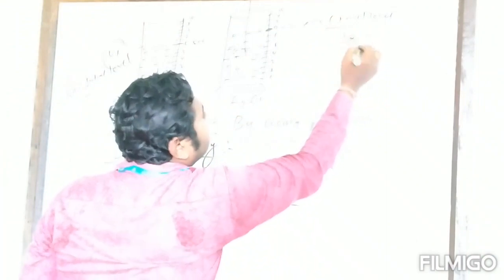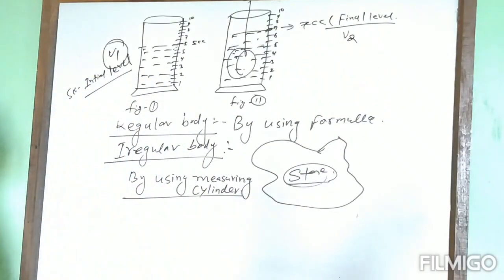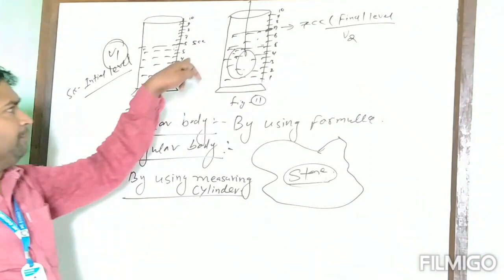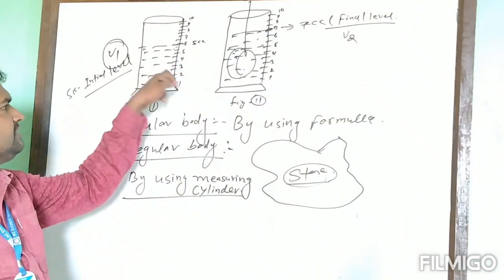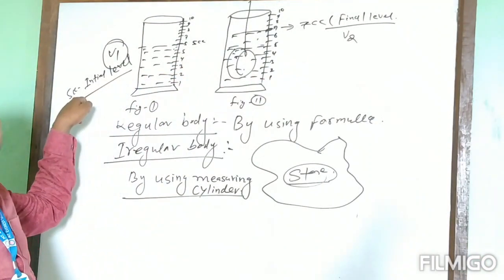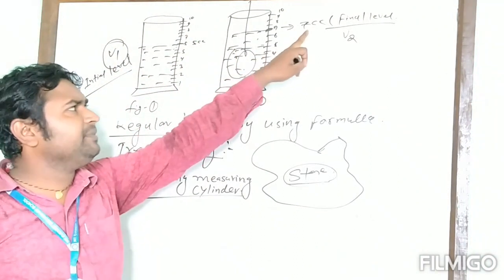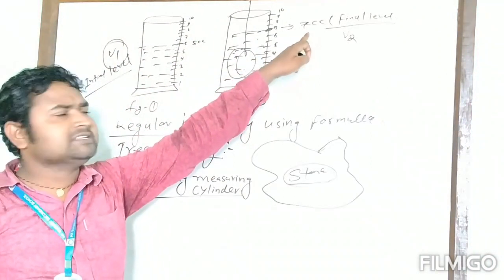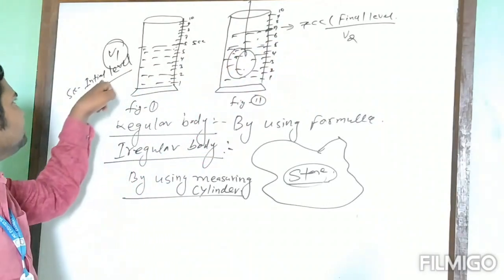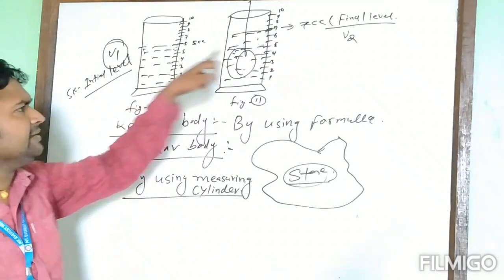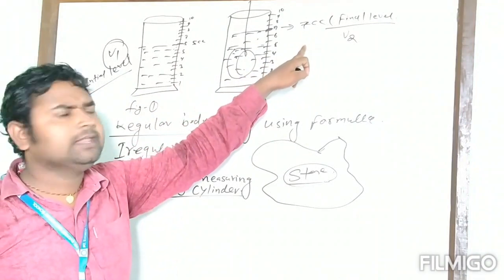It is denoted by V2. Before keeping the stone in this cylinder, its level is only 5 cc, but when you keep the stone, its level becomes 7 cc. It means 5 cc is the initial level and 7 cc is the final level.